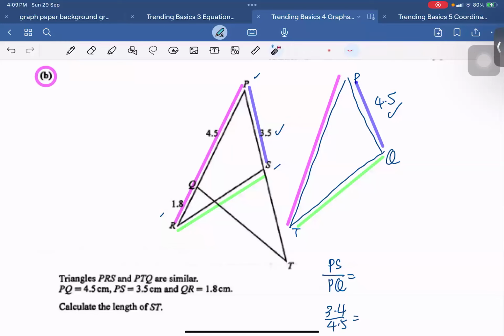Next one, pink color, PR over PT. PR is 4.5 plus 1.8, which is 6.3.